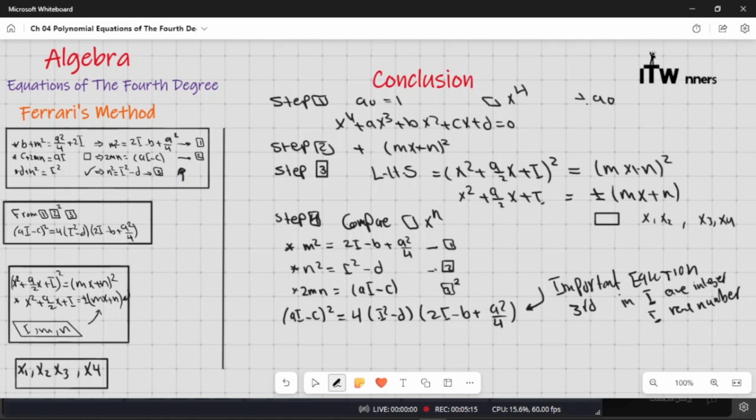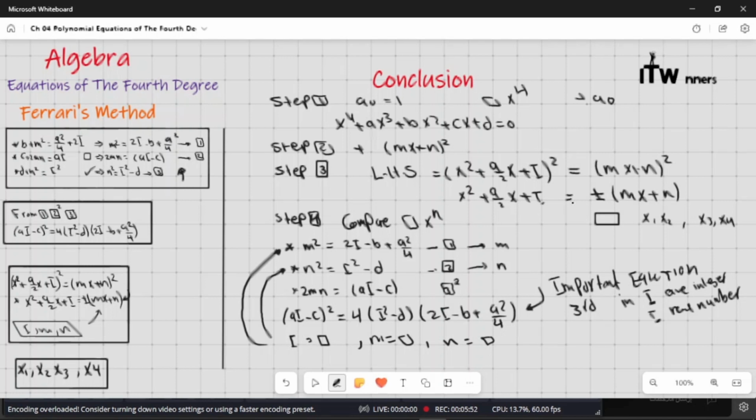Okay, so we will just solve this third degree equation for I. Okay, so we have here the value of I and then back substitute to get m from here, and back substitute to get n from here, and we have now I, m, and n.